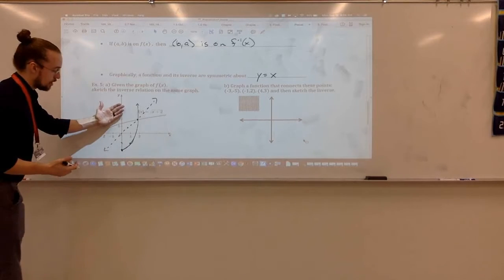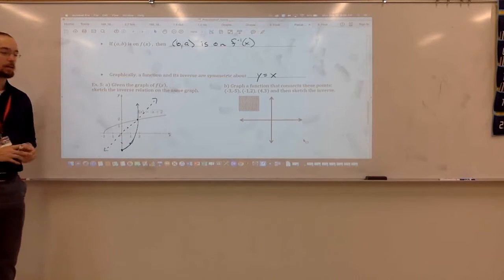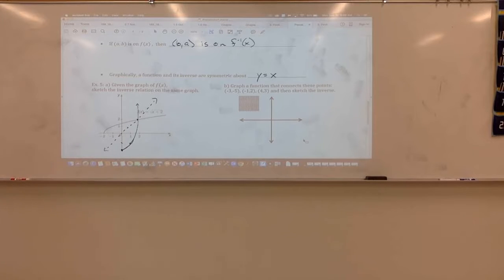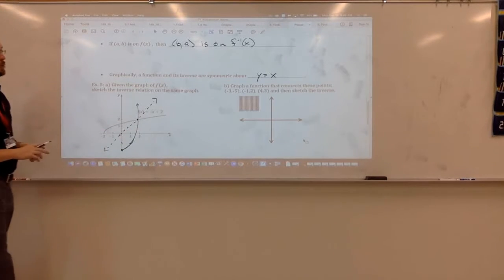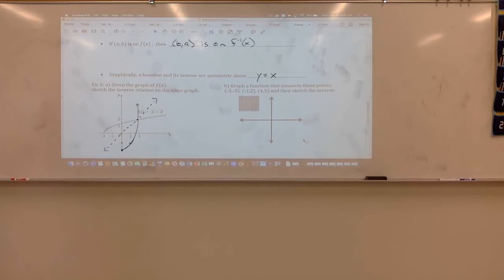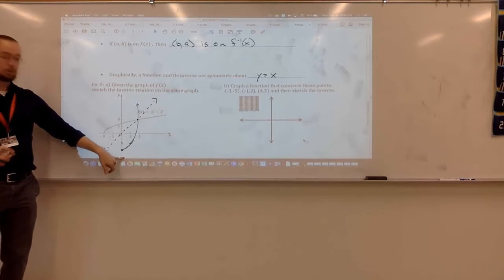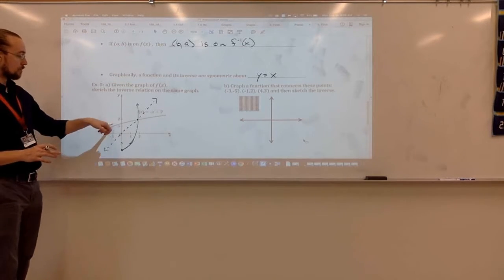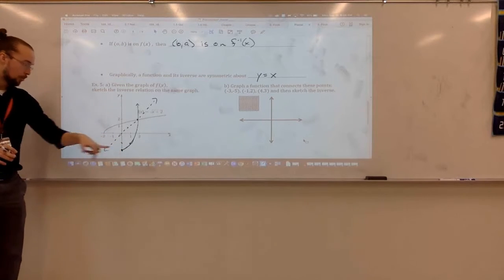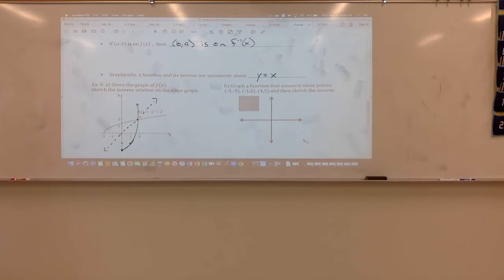And we can see that if we fold that across the line y equals x, we end up getting a mirror image. Okay? So inverses are symmetric across the line y equals x. In other words, I'm literally just switching every single set of coordinates. Point (-2, 0) is on the original, (0, -2) is on the inverse. Point (-1, 1) is on the original, point (1, -1) is on the inverse. Okay so far?